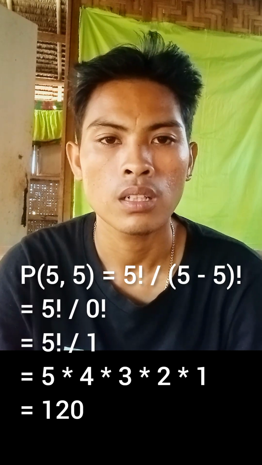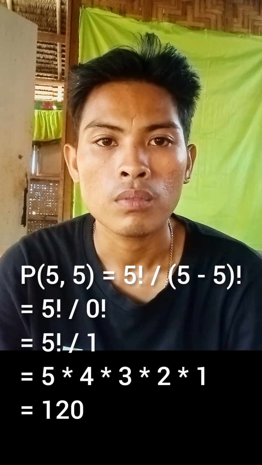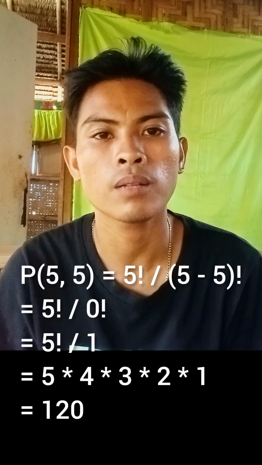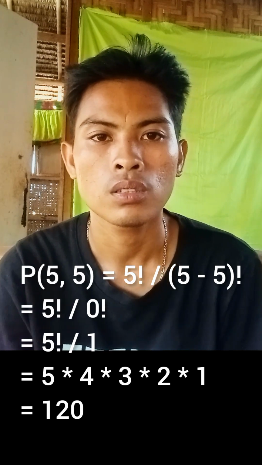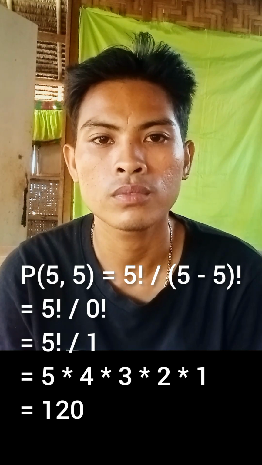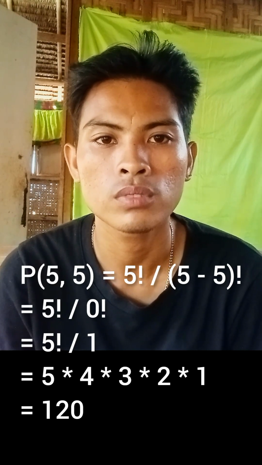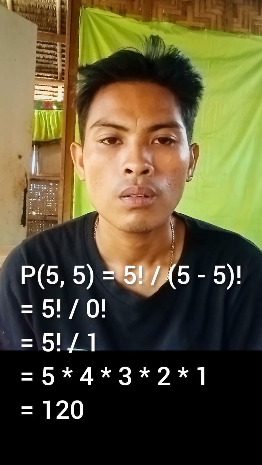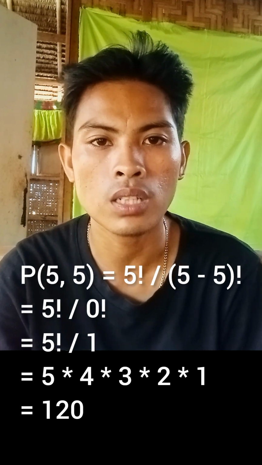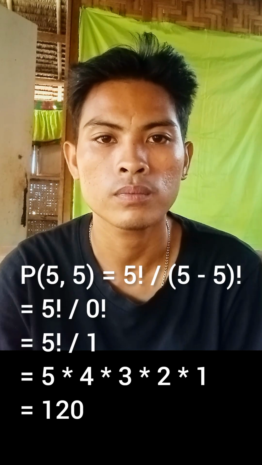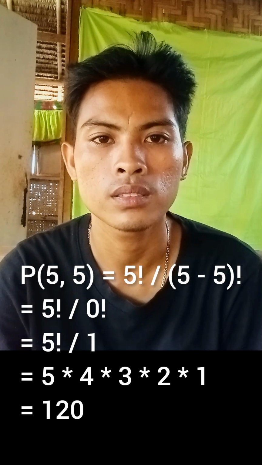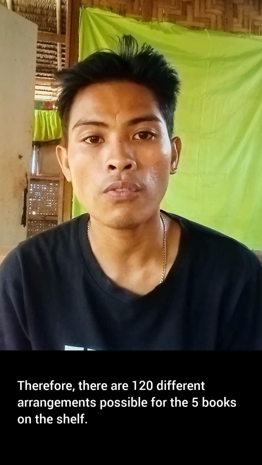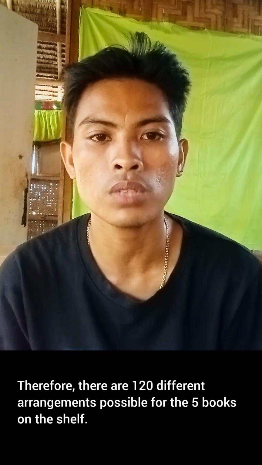So, bring down the 5 factorial divided by 1 factorial, because 0 factorial is equal to 1. 5 times 4 times 3 times 2 times 1 equals 120. Therefore, there are 120 different arrangements possible for the 5 books on the shelf.